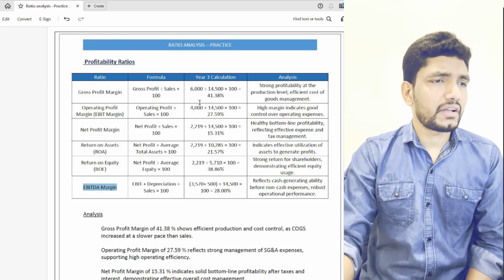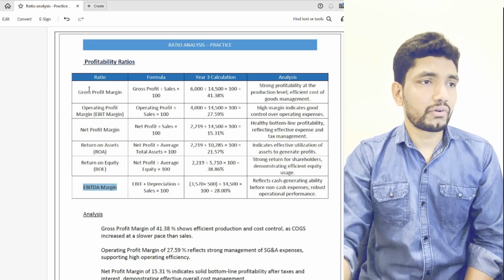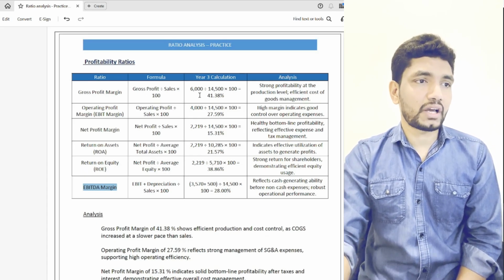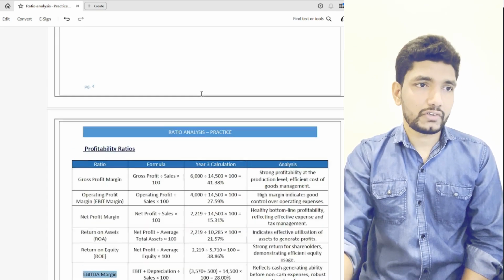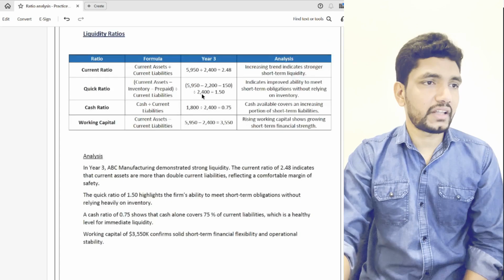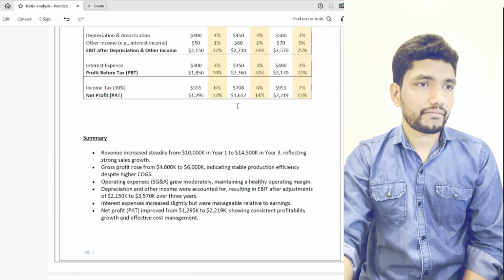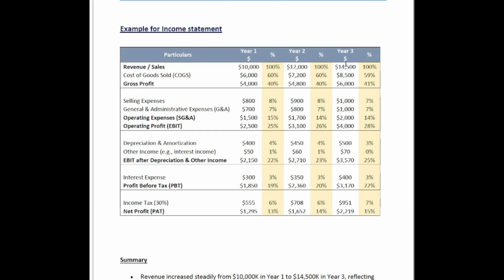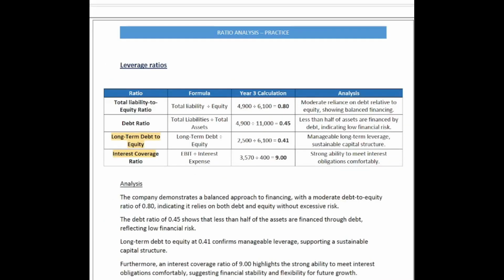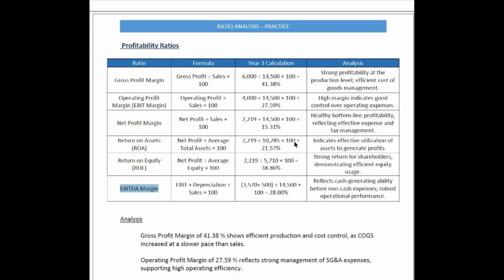For the GP, you have to take gross profit and sales from the income statement. When you go to the income statement, you can see sales of 14,500 and the GP 6,000. So that means 41.38%, which is the gross profit margin for year 3.